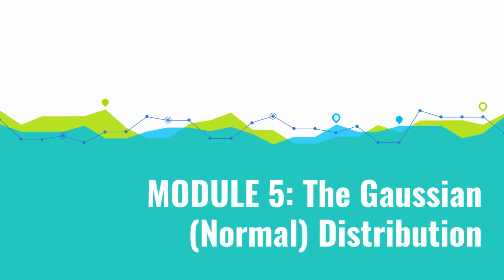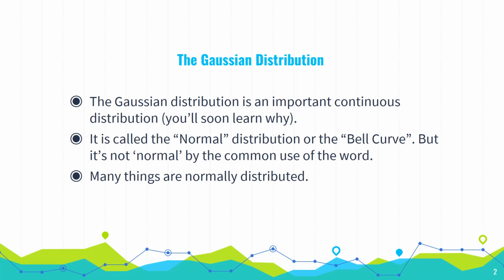This week we're going to be looking at the Gaussian distribution, sometimes called the normal distribution, although I try to avoid that often when I'm introducing it because of a lot of confusion people have about the name normal distribution, but we're going to address those. So the Gaussian distribution is a continuous distribution and it's a very important distribution.